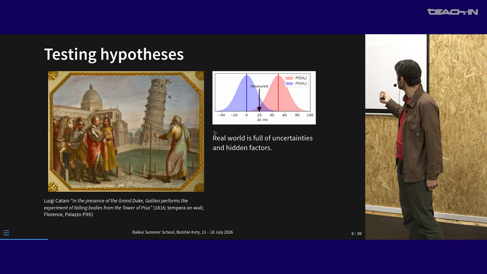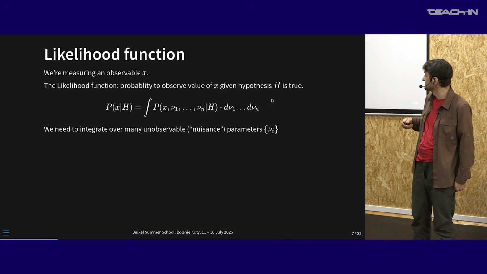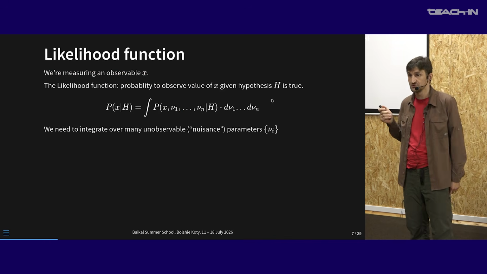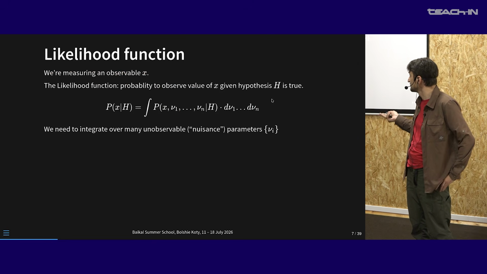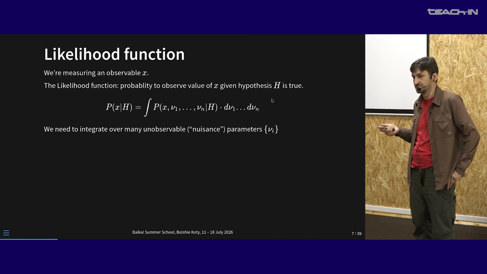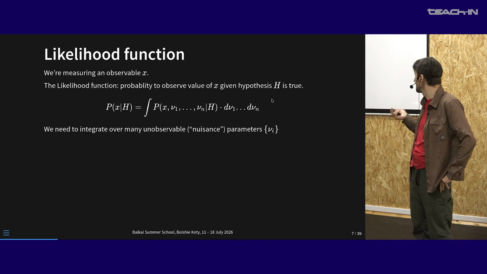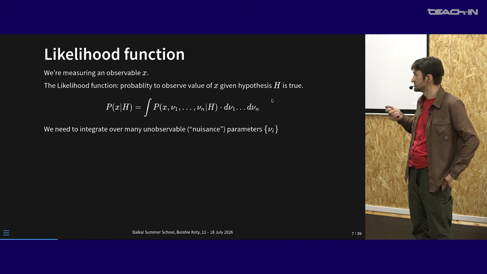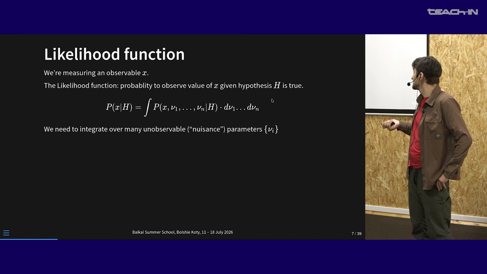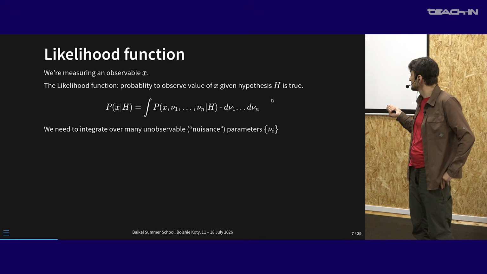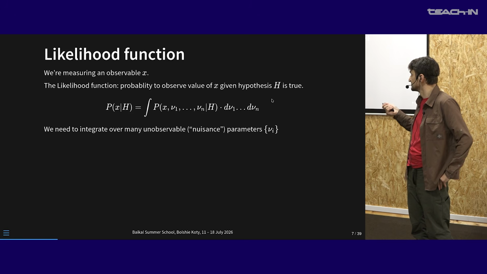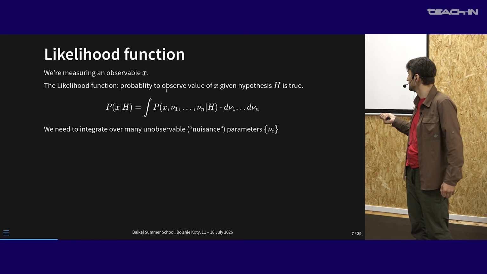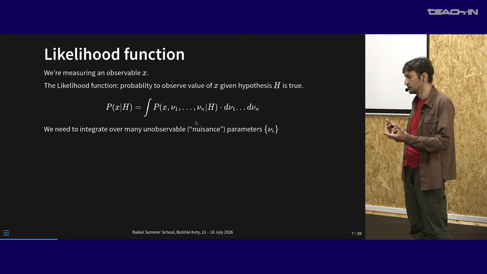So how do we build these probability functions? This is called the likelihood function. We're measuring observable x, and the likelihood function is the probability to observe this observable value under the given hypothesis which we consider. Usually, of course, we need to take into account all the unobservable factors, everything that is not x, and the probability density under our hypothesis is multivariate.